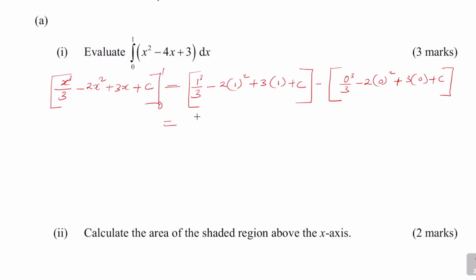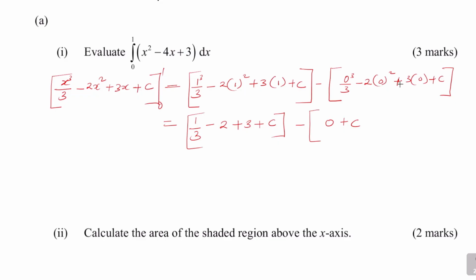The next step, we can simplify these. 1 cubed divided by 3, that is a third. Then subtract 2, then plus 3 plus the constant, like that. Then subtract, this will give 0. Everything here will be 0 plus c.